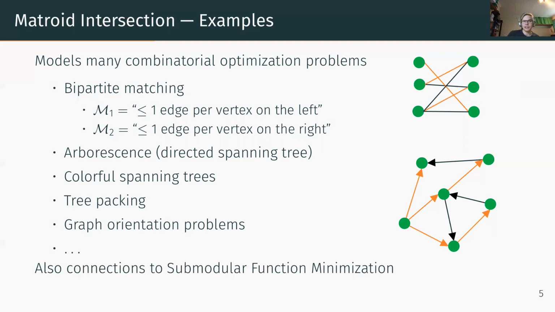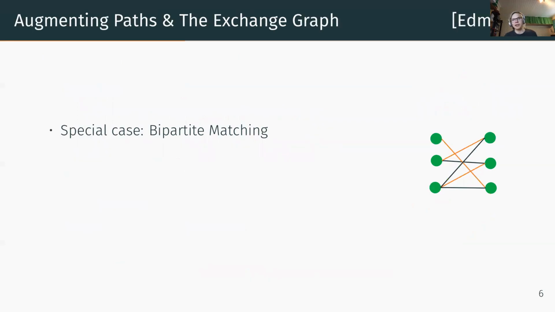I also want to note that matroid intersection is a special case of submodular function minimization, so understanding matroid intersection better can help towards understanding SFM better. Okay, let me now tell you about how some of these matroid intersection algorithms work. In fact, most of the matroid intersection algorithms work through this framework by Jack Edmonds in the 1960s.